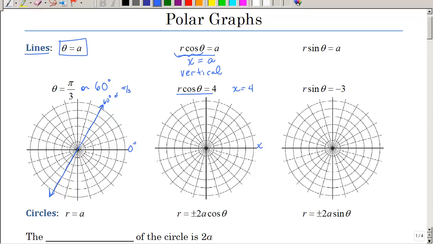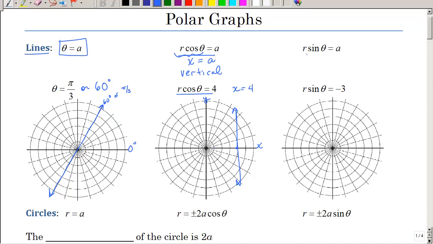If you think about this being your x-axis and this being your y-axis, and throw out the idea of polar, you go out 1, 2, 3, 4, and you'd have a vertical line. When you graph that on a graphing calculator, it's going to plot the points very strangely, but eventually you would end up with a vertical line.